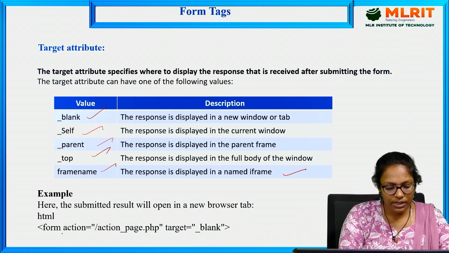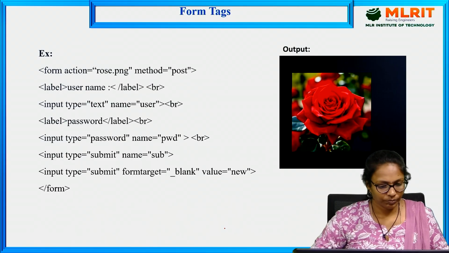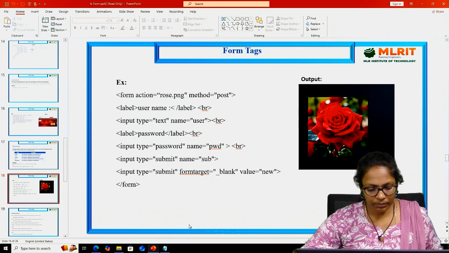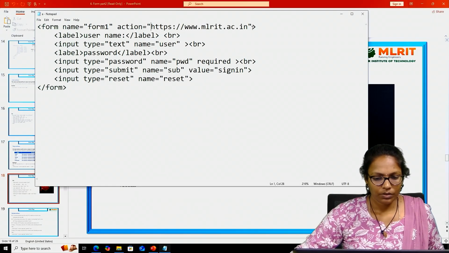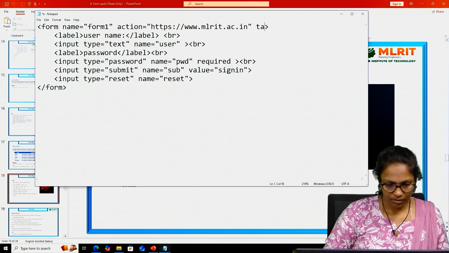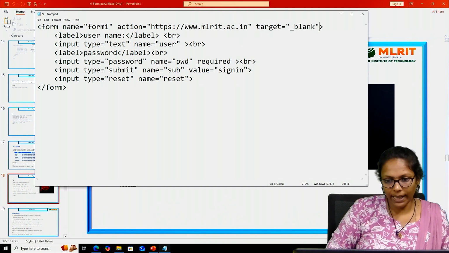So here you can see form action is equal to some PHP page and target is equal to underscore blank. Same program we will see, the previous program only. So target, I'm giving as underscore blank.